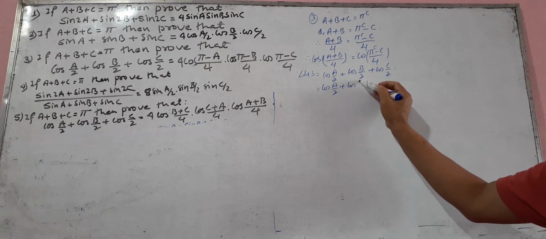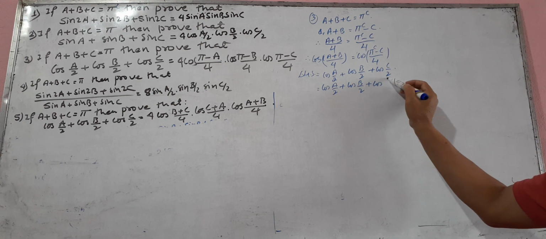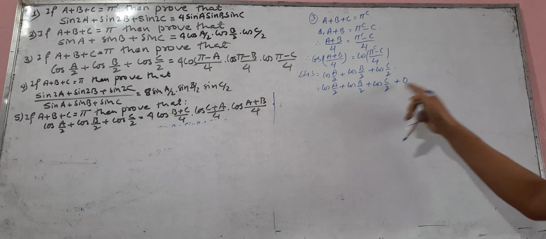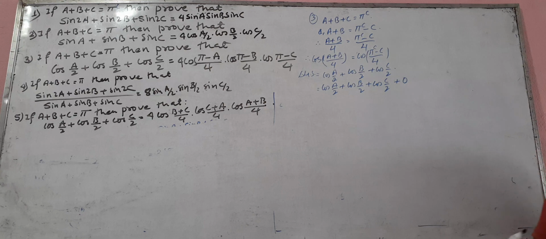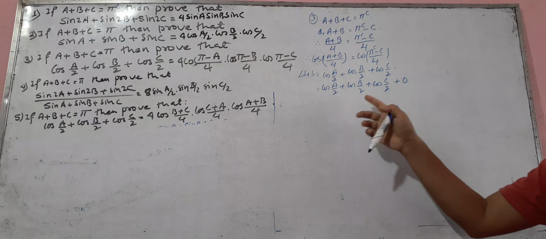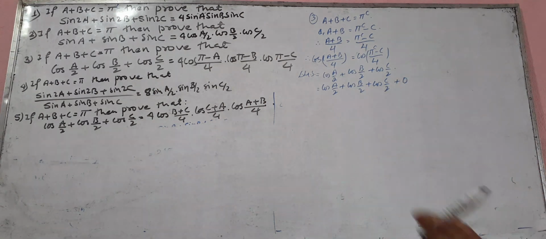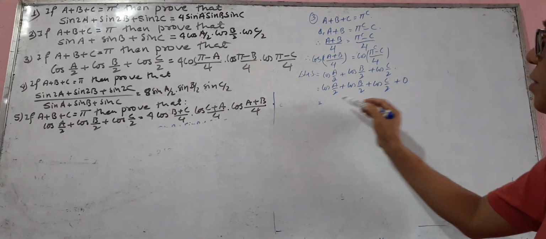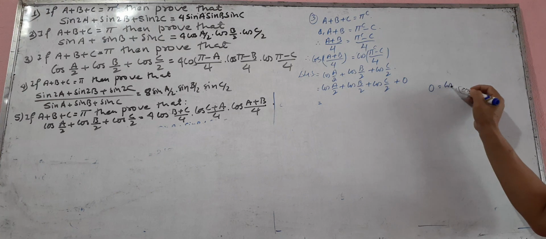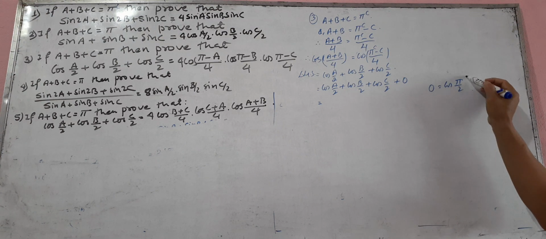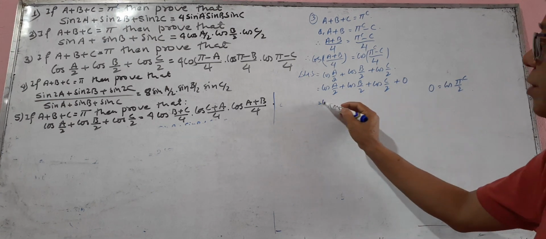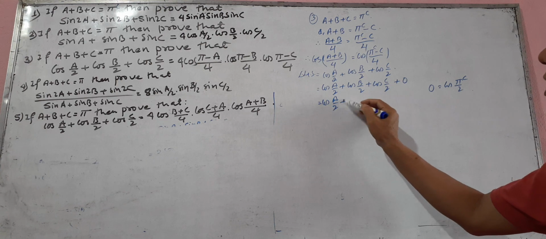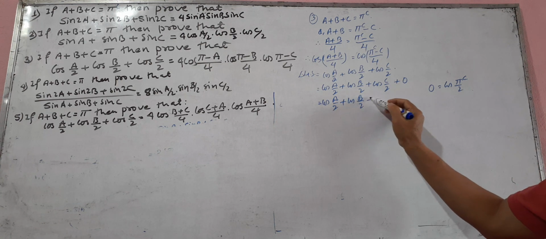One thing we do here is that we can add 0, because adding 0 to something is something itself. And then one more thing, we know that 0 is equal to cos 90 degree. So we replace that 0 by cos 90 degree.